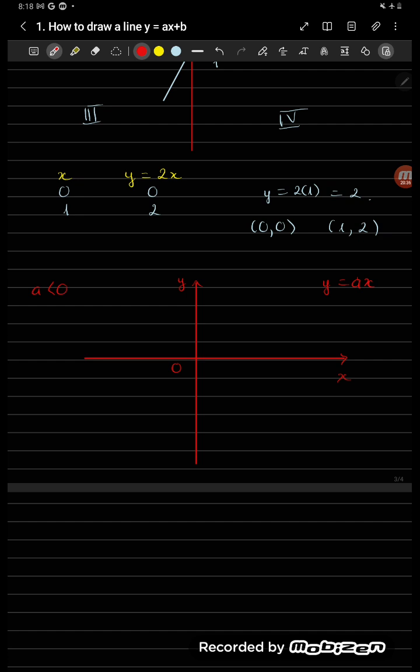So if a is negative or smaller than 0, then your line still passes the origin. Always passes the origin for the format y equal to ax. But this time it will lay down in the second quadrant and the fourth quadrant.